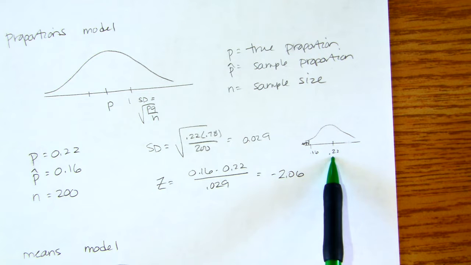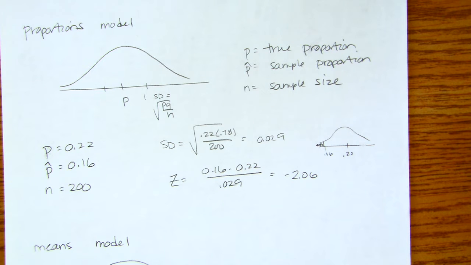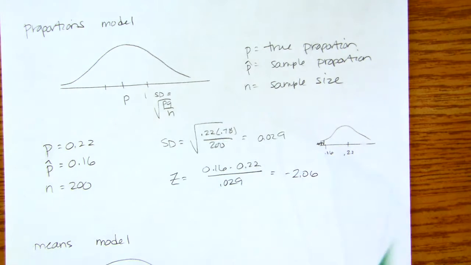Now, we already know that's fairly unusual. So we might say, well, either this was an unusual population of 18-year-old women, or maybe their self-reporting was not quite honest. Lots of other things, but that's how the proportion model works.